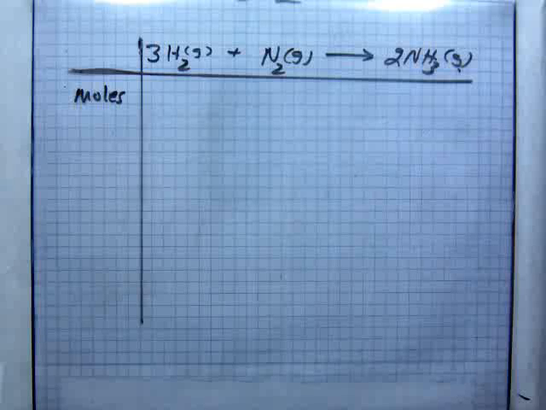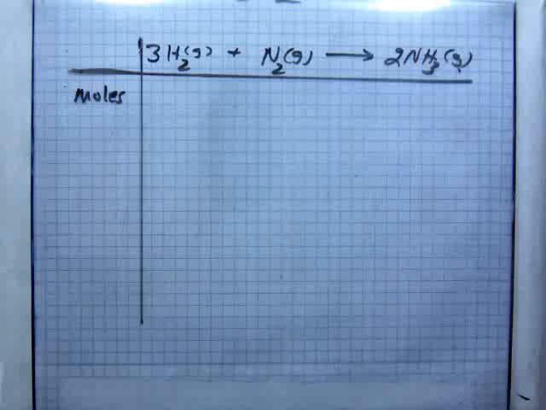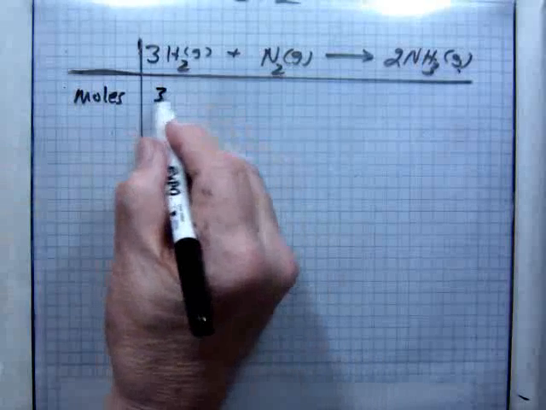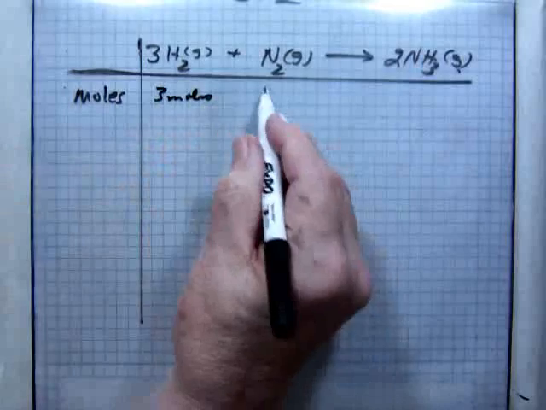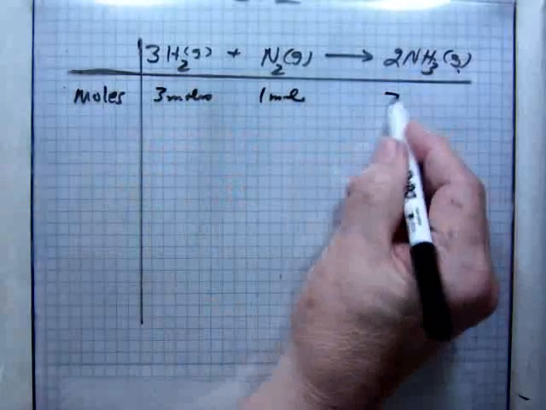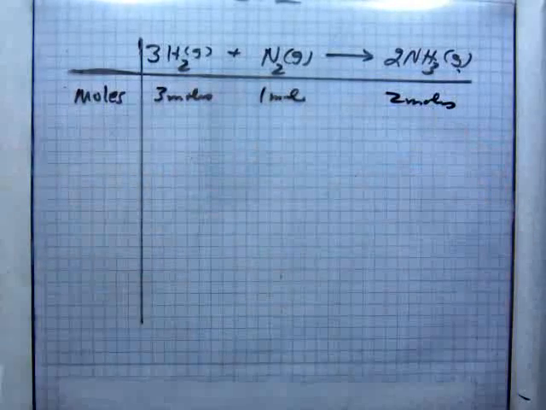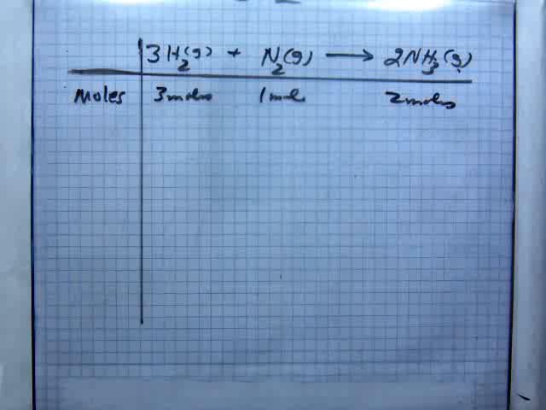Now, in this form, of course, it's the standard form of the equation, and smallest total number ratio coefficient. So we have 3 moles, 1 mole, and 2 moles. Okay, so once you balance it, you can read the moles straight away from that.